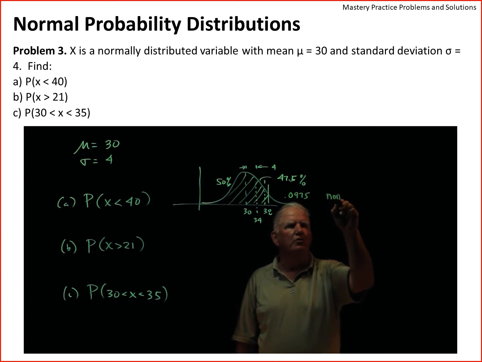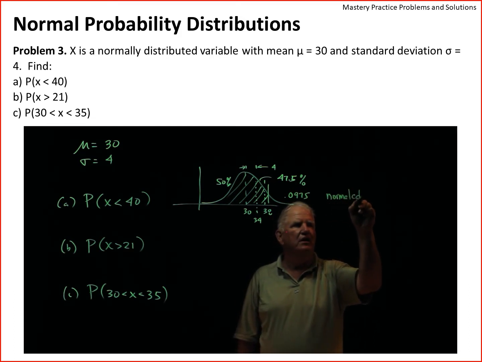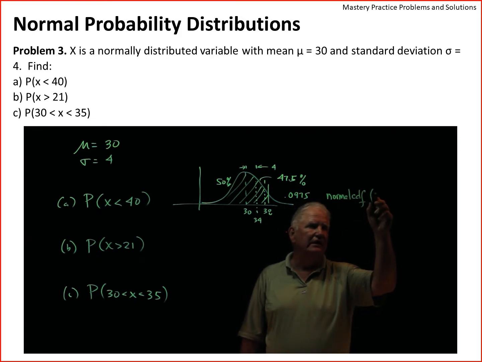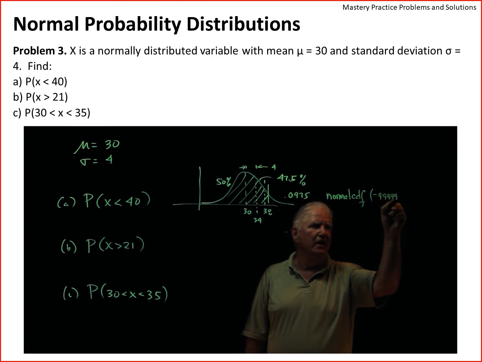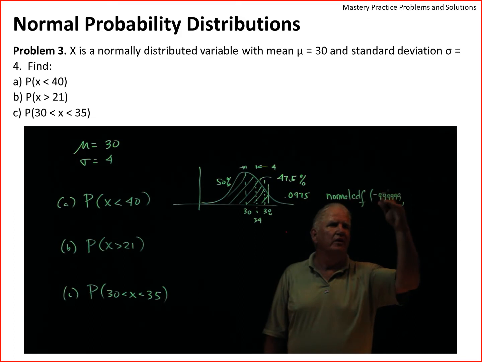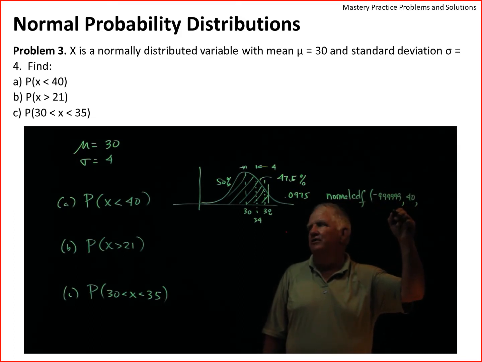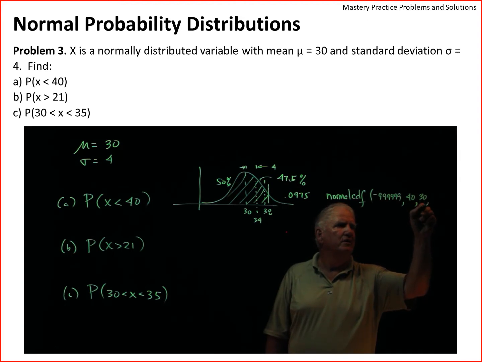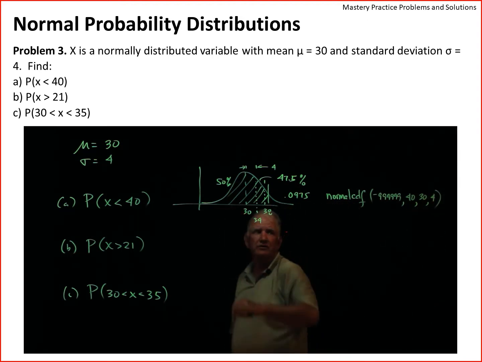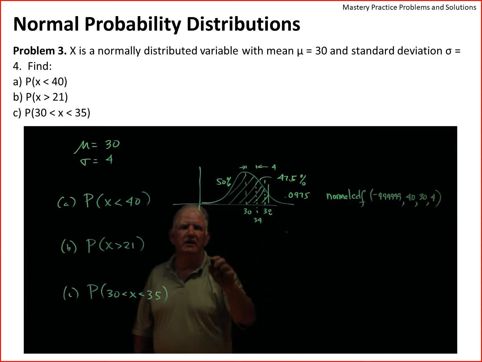We would go to normal CDF and we would enter negative 99999, to tell you the truth, as the lower bound, then the upper bound, and then I've got to put in mu and sigma. All right, that's the answer to this question. We'll calculate it in a second.